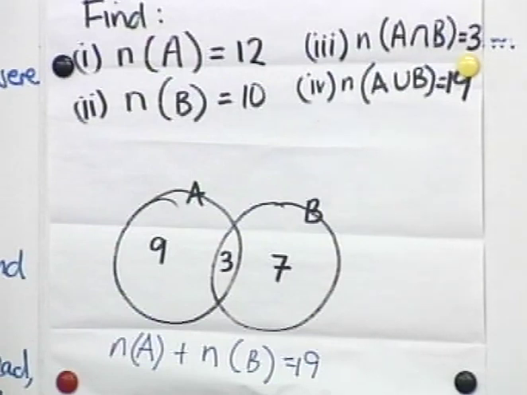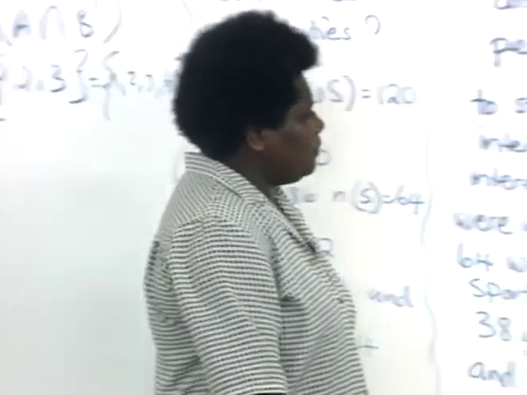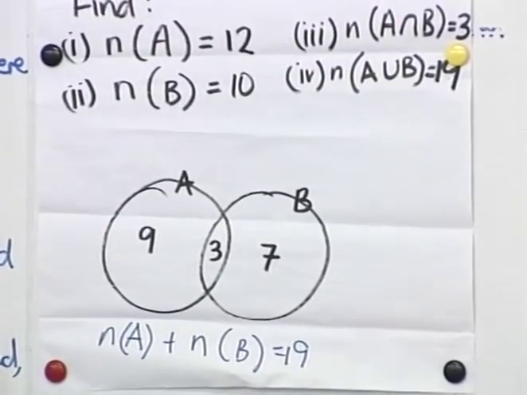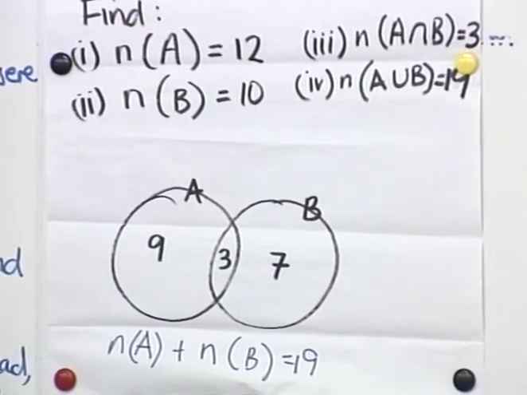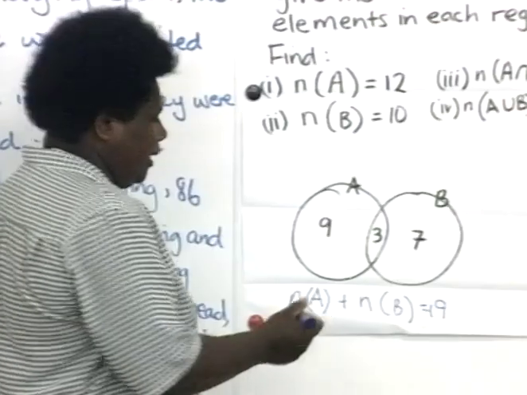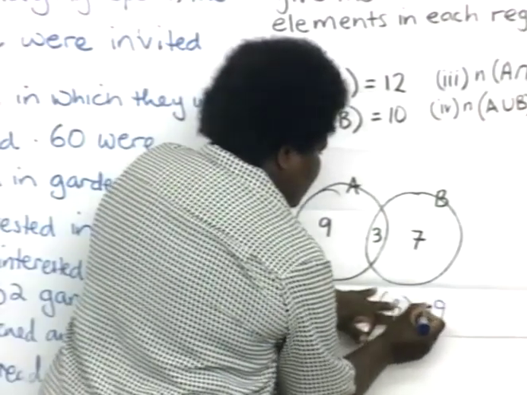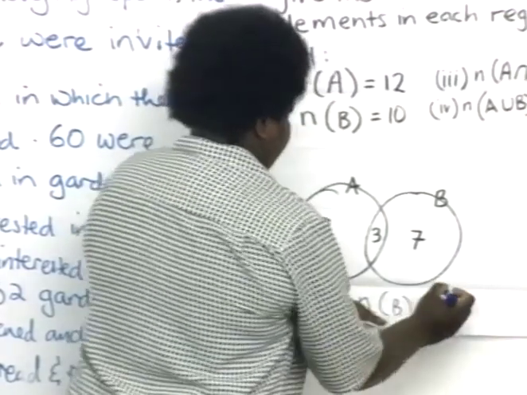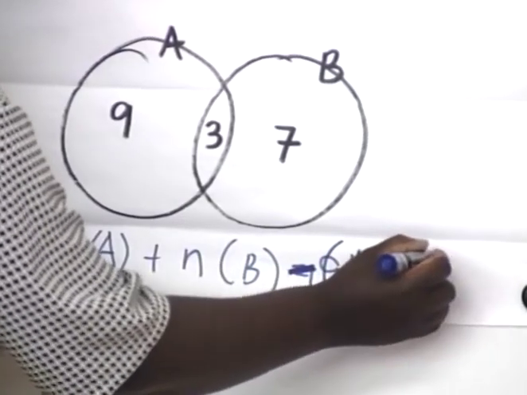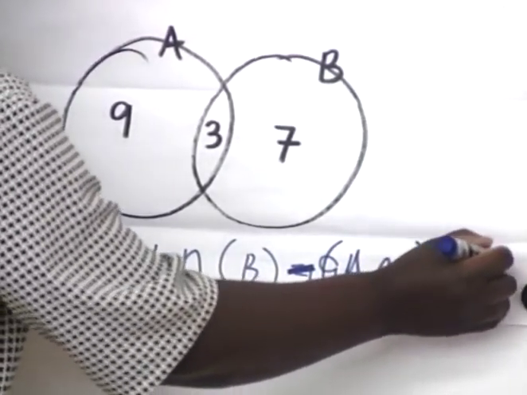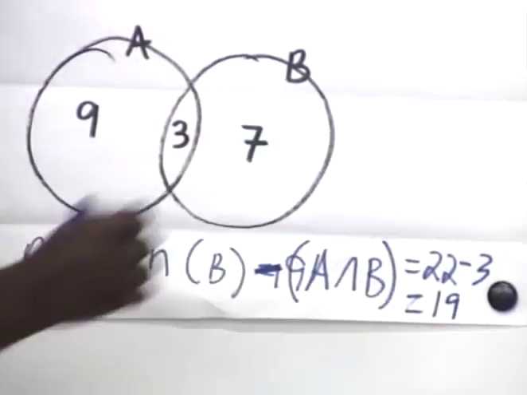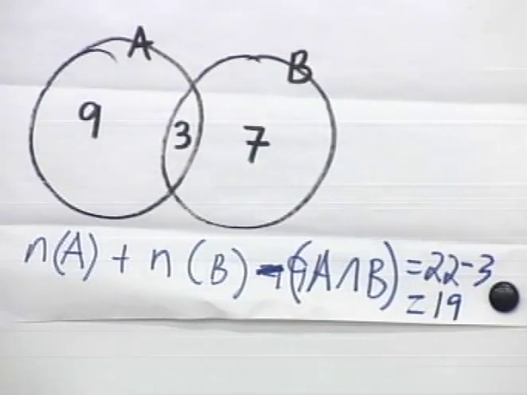So it will be 19. You're supposed to subtract A intersection B. So because this 10 and 12 will be 22, it cannot be 19. So mathematically I'm wrong. Okay, you're supposed to subtract A intersection B. So it's 22 take away 3 is 19.